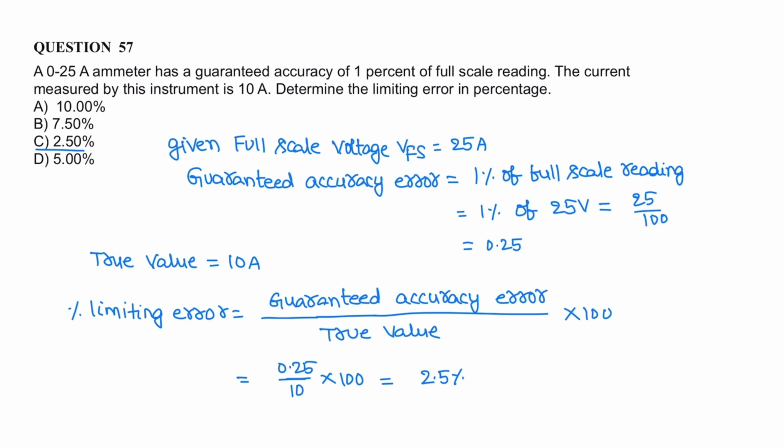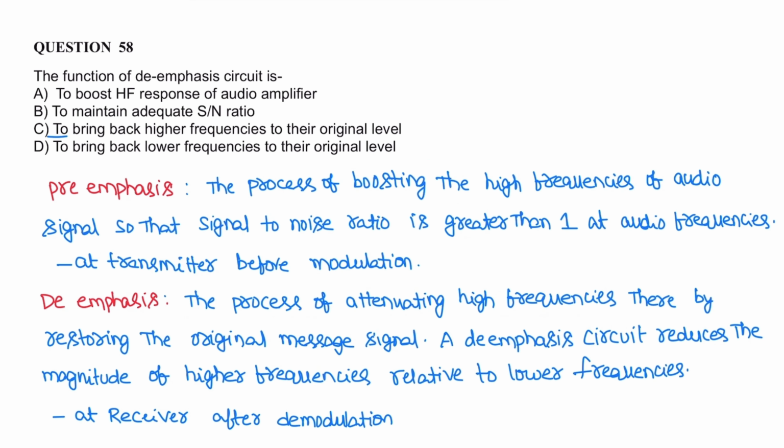Next question. The function of de-emphasis circuit. Pre-emphasis and de-emphasis are used in frequency modulation. FM uses pre-emphasis and de-emphasis technique. Pre-emphasis is used at the transmitter before modulation and de-emphasis is used at the receiver after demodulation.